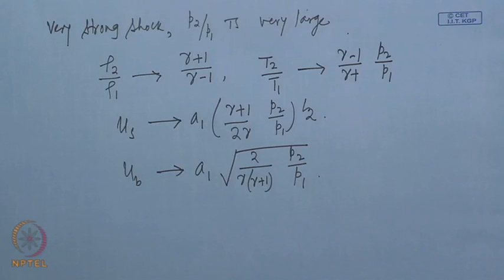The ratios of the temperature, density and pressure, that is all the static quantities, remain unaltered as in the case of a stationary normal shock.